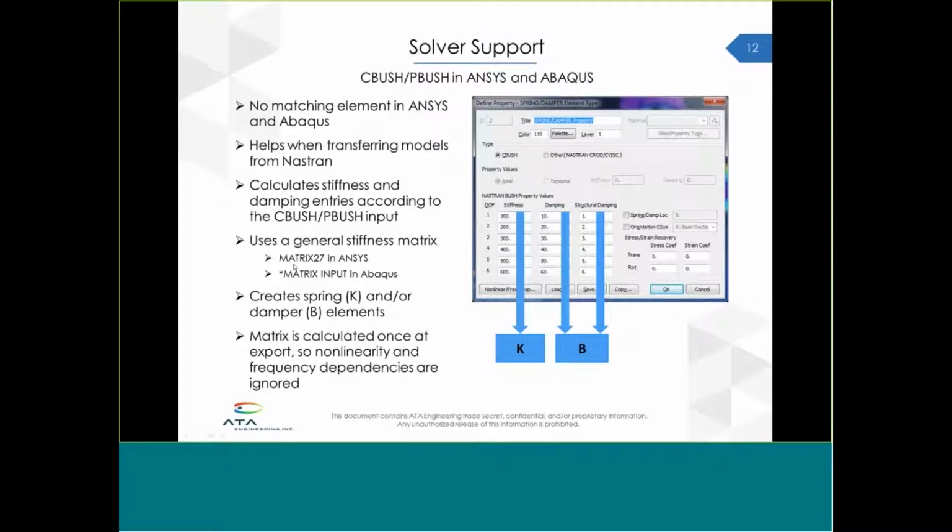You'll see those as general matrix type elements: the MATRIX27 in ANSYS, and the MATRIX input in Abaqus. One thing to note is that these matrices are calculated only once at the export. So if you're trying to do a nonlinear run, nonlinear within this material property, or put in any frequency dependencies, these end up being ignored.